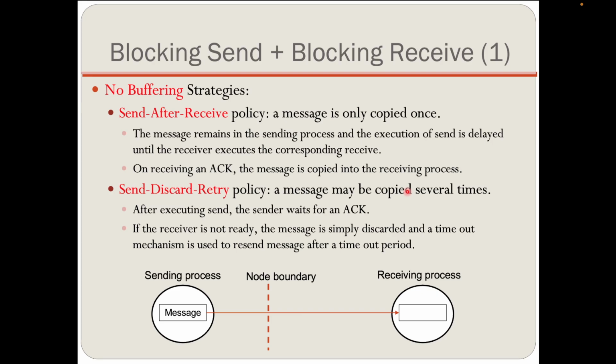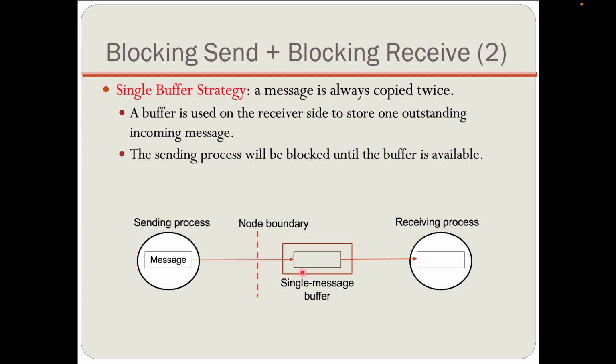The sender will block until the receiver-side buffer becomes ready. We don't need to wait until the receiving process is ready. As long as the system buffer is ready in the receiver's host, the message can be delivered to this system buffer and the sender can get a return. Eventually, when the receiving process is ready, the message will be delivered to the receiver process.